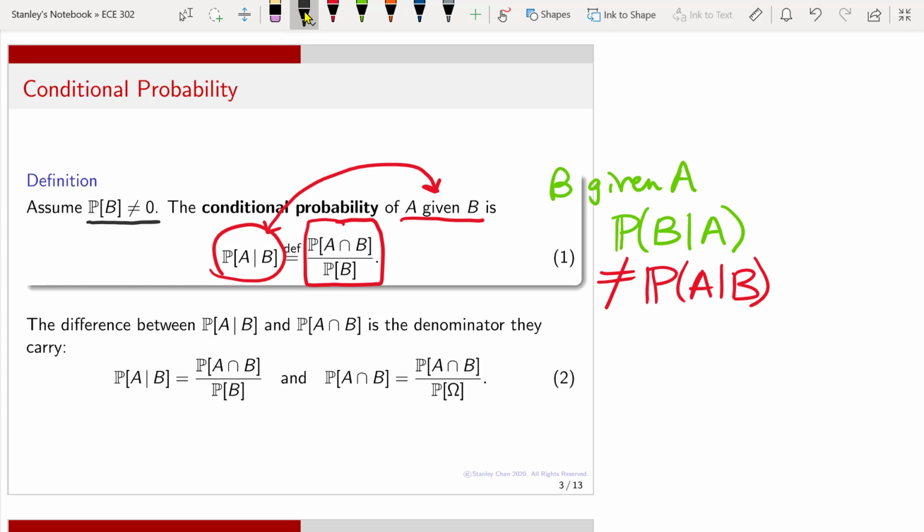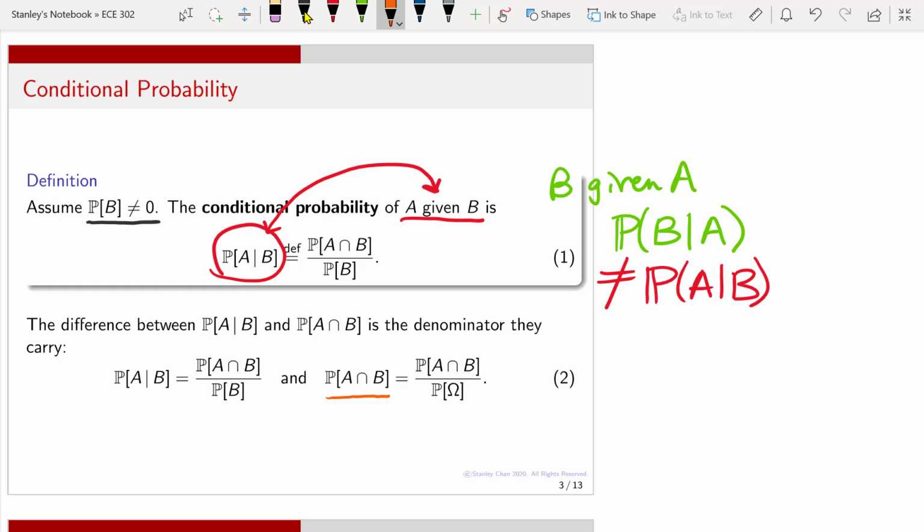So let us look at the definition of this conditional probability by looking at the ratio. In this ratio, you can see it is the ratio between the intersection and the conditioned event. So how do you visualize this problem? Well, one way is to compare this ratio versus this intersection.